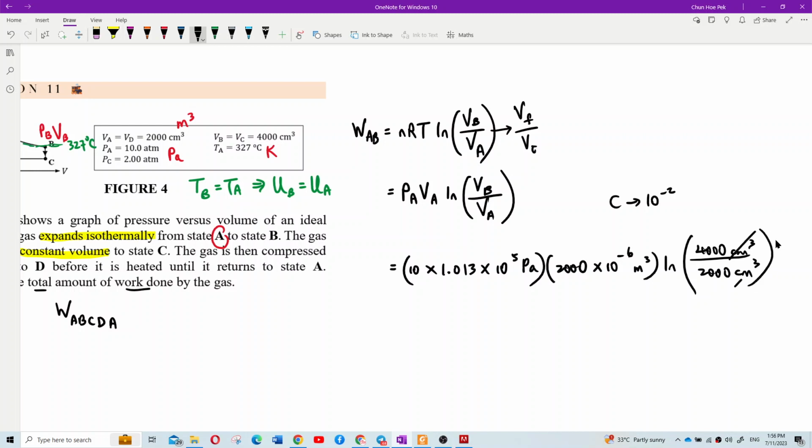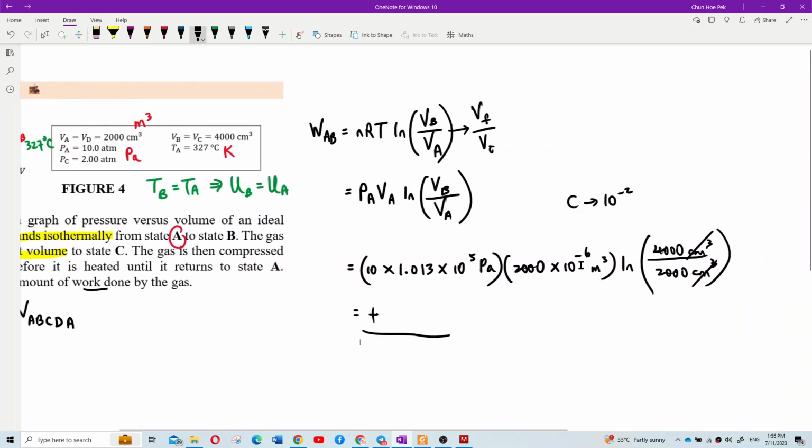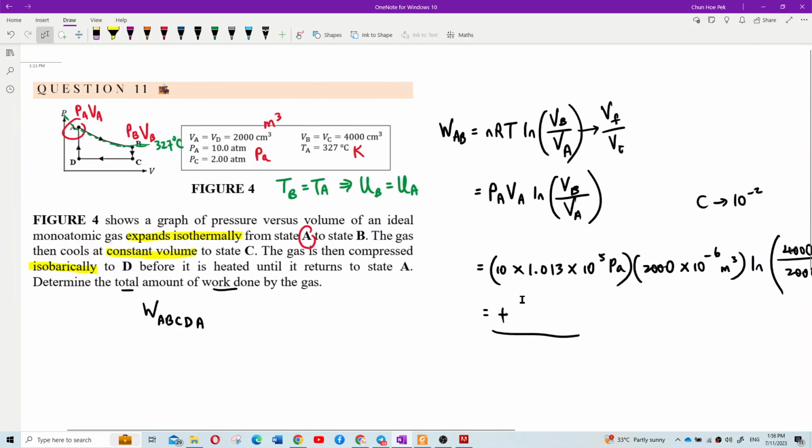Sebab dia potong je unit itu kan. So tak kisahlah unit apa, boleh saja. Okay. So what's the work done? We get the positive work done lah because this is expansion. Okay. So boleh kelas? Saya tak kira ni. Tapi you kira sendirilah.